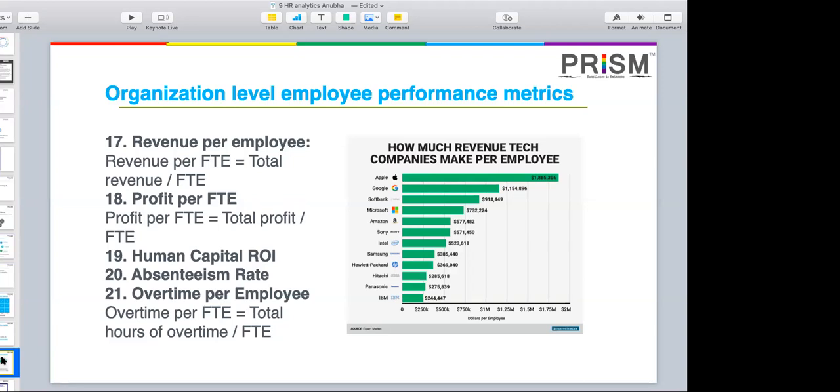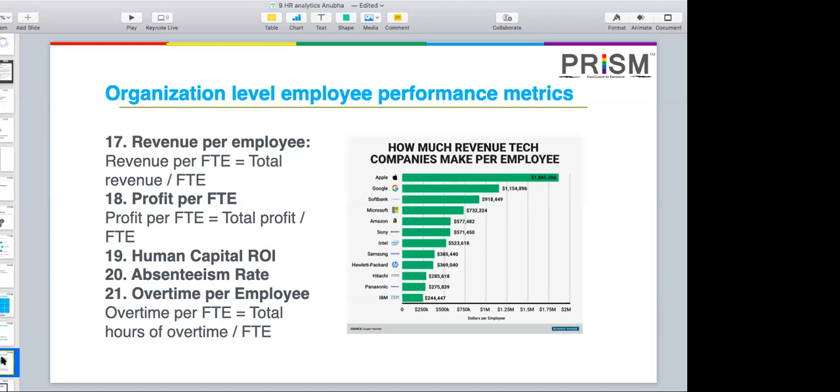When I talk about revenue per employee, it is related to the full-time equivalent. This metric gives a ballpark estimate of how much an individual employee needs to bring in. In this, low revenue and many employees give a lower rating than the combination of high revenue and a few employees.